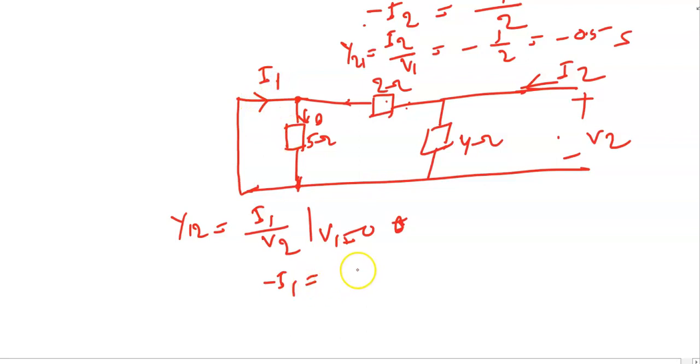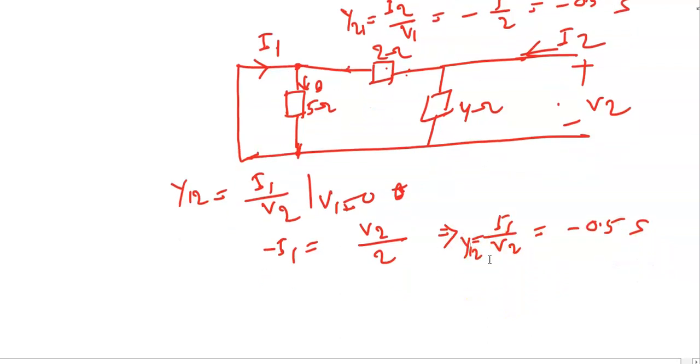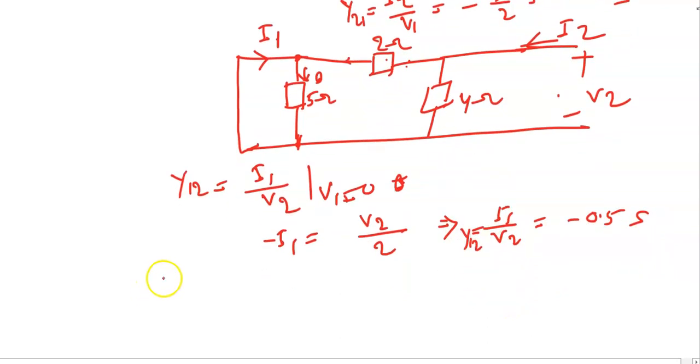So minus I1 is equal to V2 upon 2, which implies I1 upon V2 is equal to minus 0.5 Siemens. This is your Y12. Next is your Y22, which is I2 upon V2 when V1 equal to 0.